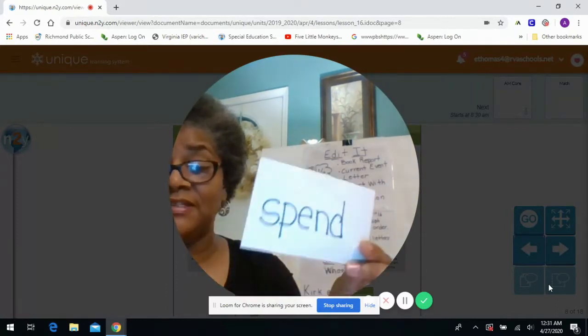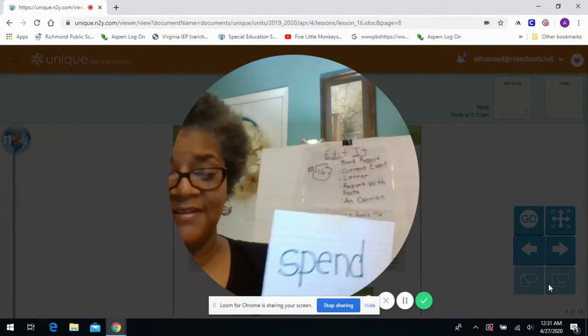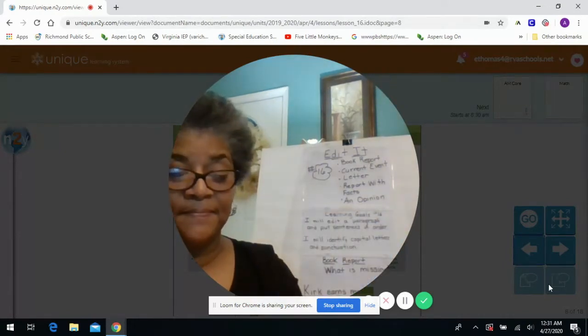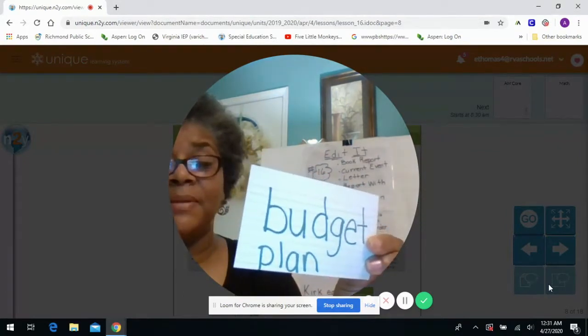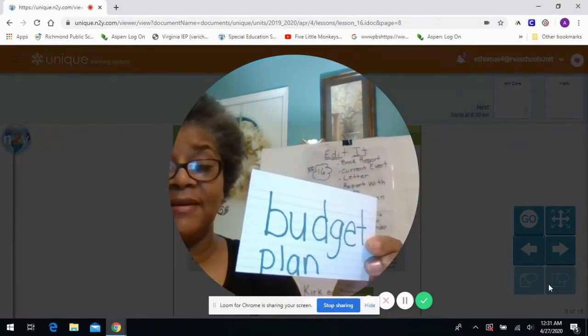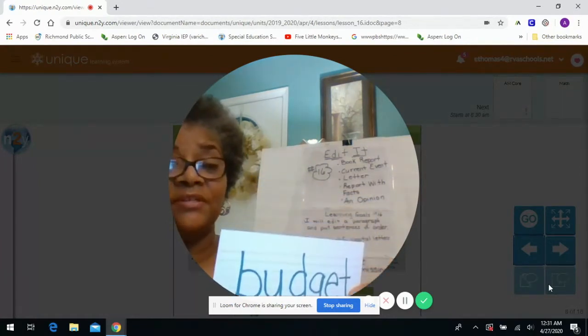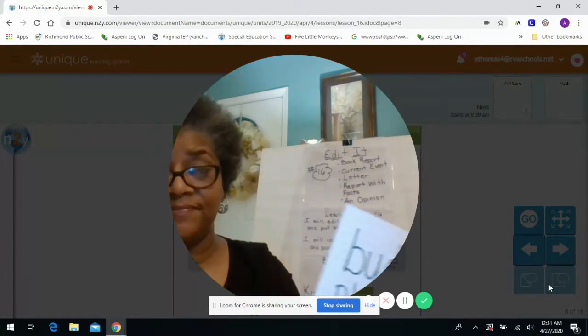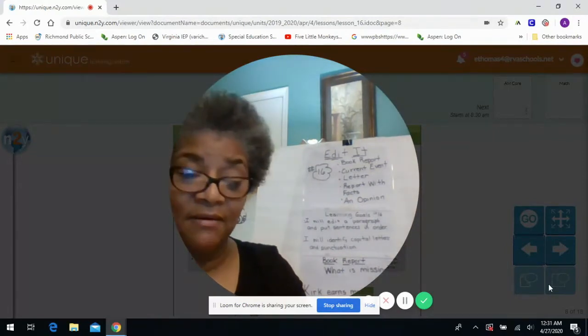You don't want to spend all your money. Spend means to pay out. This word is budget. A budget is a plan for using money, a statement or estimate of your expenses and income.